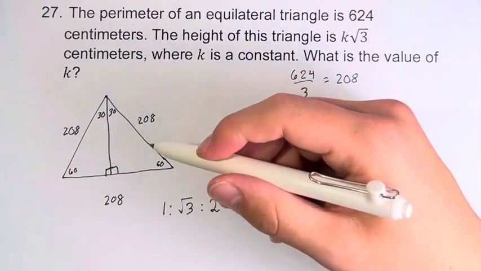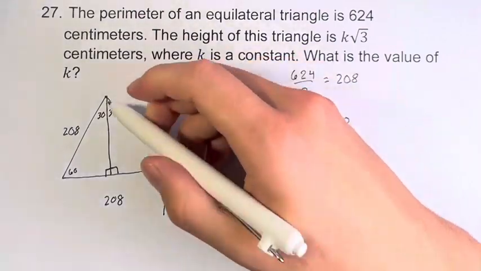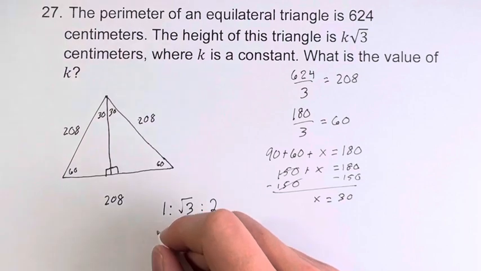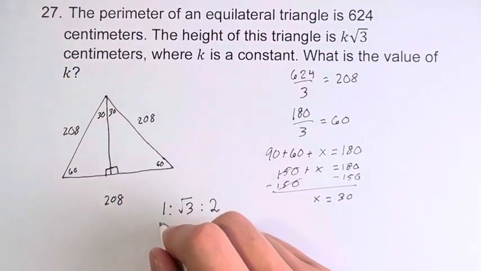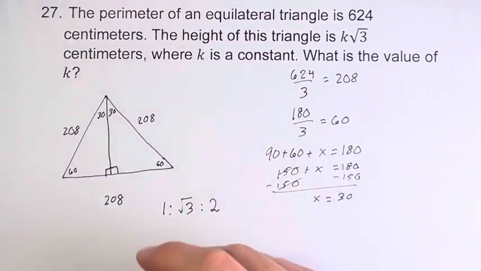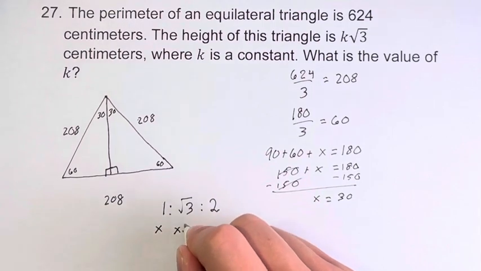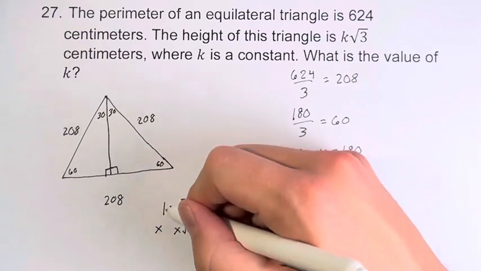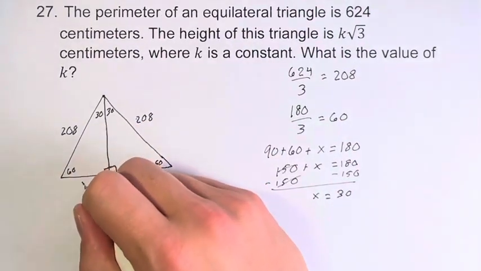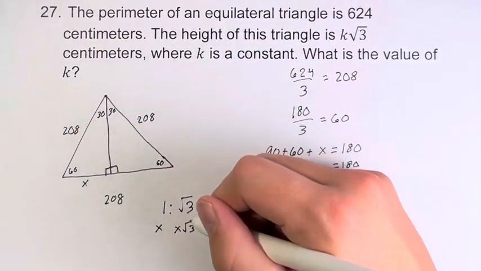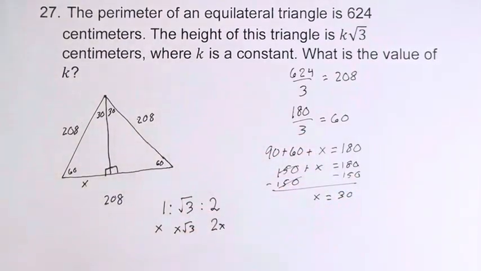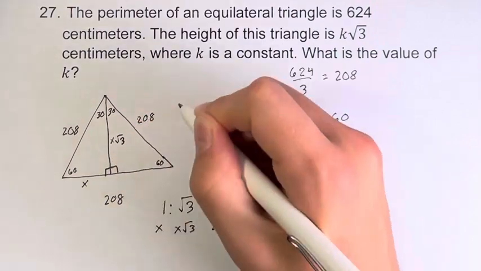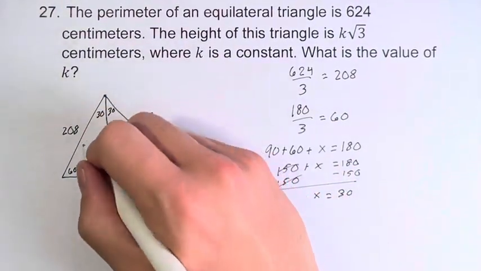So the smallest side, which is opposite the 30-degree angle, is going to be 1. We can use the variable x here, to represent x, x root 3, and 2x, just because we don't know what the actual values are. This is just the ratio. So we have x, the side opposite the 60-degree angle is x root 3, and the hypotenuse is 2x.